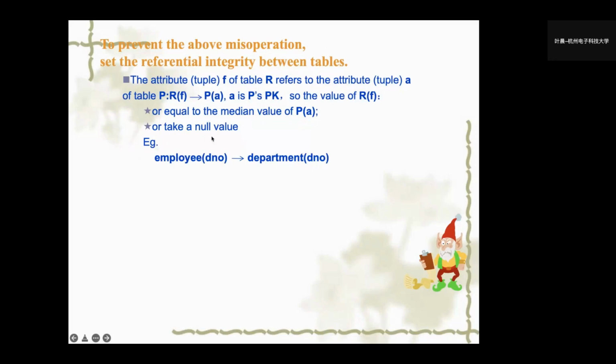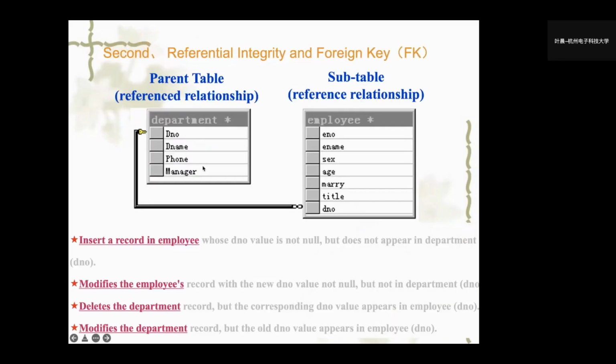So we can write this kind of referential integrity to keep these four conditions from appearing.